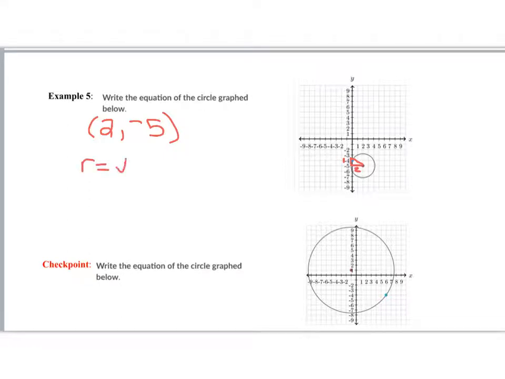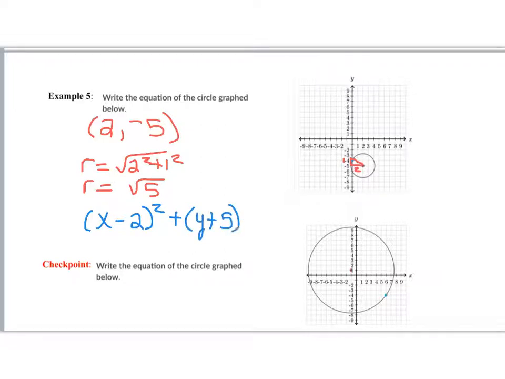So our radius is going to be 2 squared plus 1 squared. So the radius is going to be the square root of 5. So if I put this into an equation, that means this should be x minus 2, because remember you do the opposite, y plus 5. And since this is r squared, it's going to be 5, because you are squaring a square root, which takes that square root away.